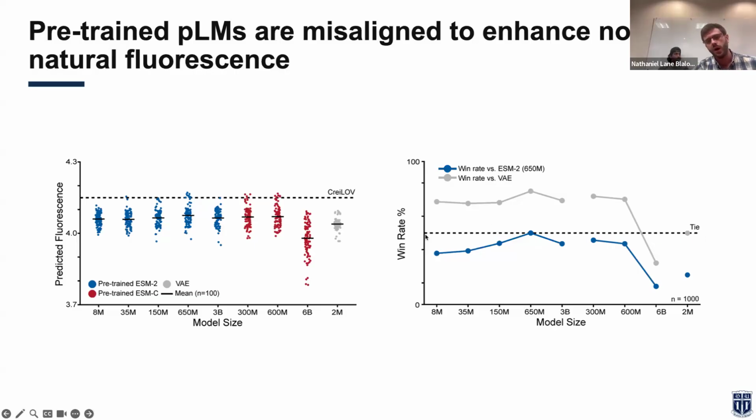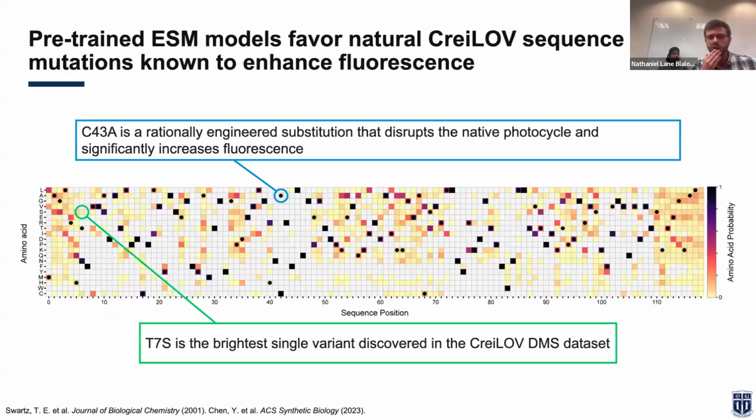The reference model in this case was the pre-trained VAE, which did the worst typically. This combination of results is why we focused on aligning ESM2 650 million. And when you look in a little bit more detail at the pre-trained ESM2 models, we found that they really did favor the natural CreiLOV sequence over mutations known to enhance fluorescence.